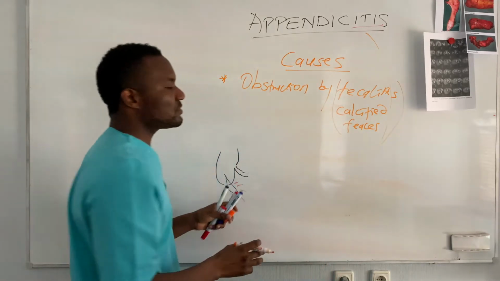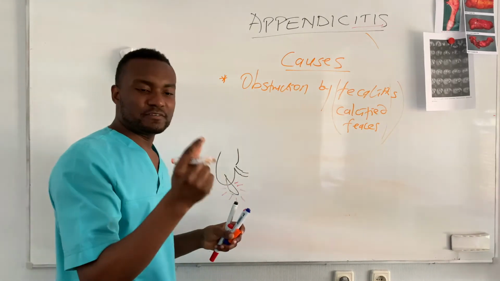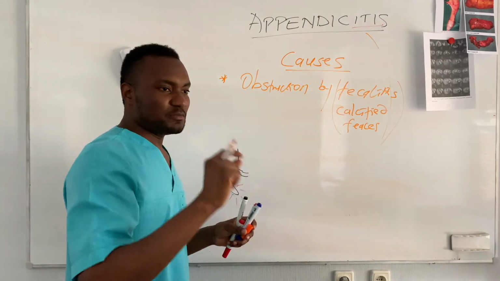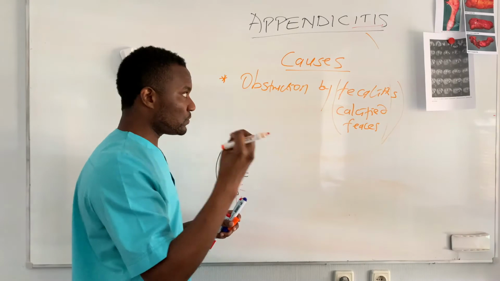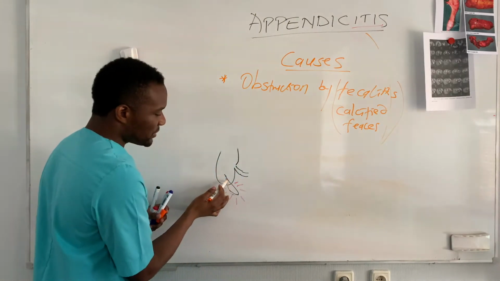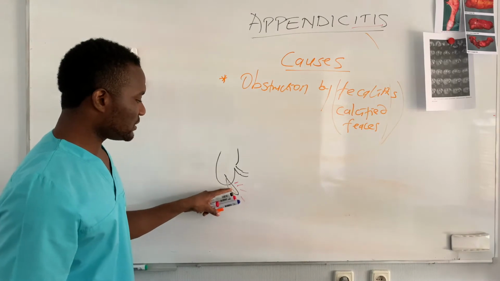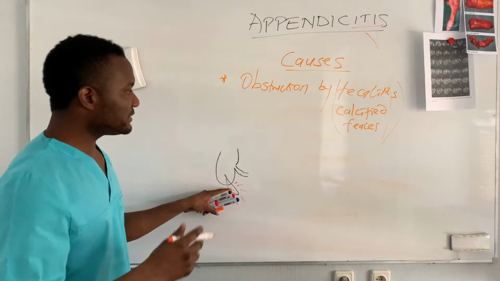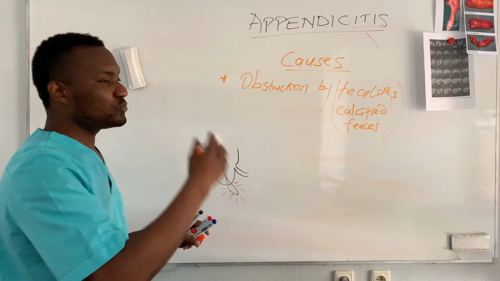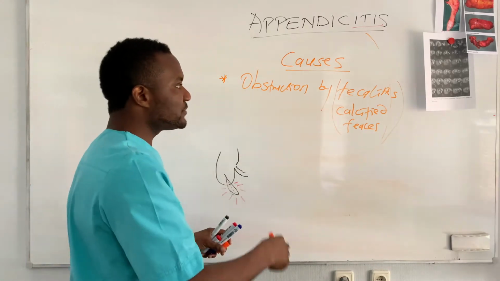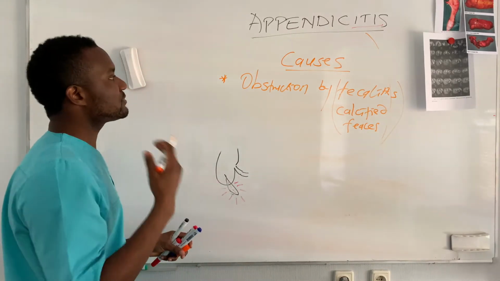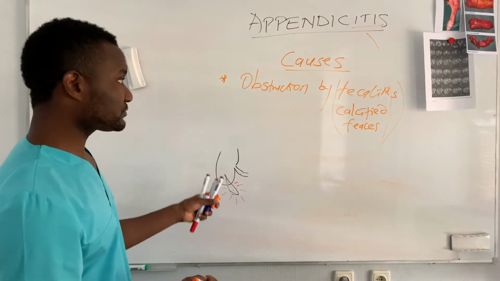Calcified feces, they are called fecalities. So when the feces stays in the bowel and it becomes calcified, it becomes like a stone. So it can go here and cause what? The blockage of this hollow part of the appendix, and then the whole cycle will start, which is increasing pressure, inflammation, thrombosis of vessels, and well, necrosis.